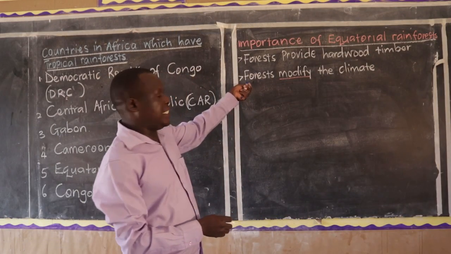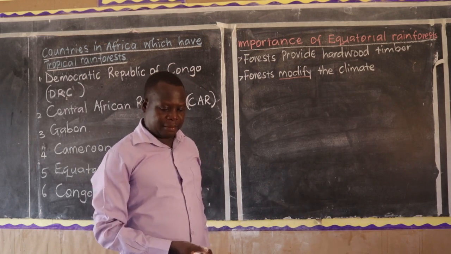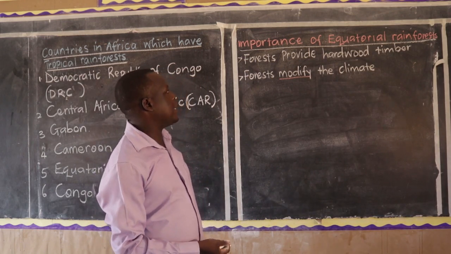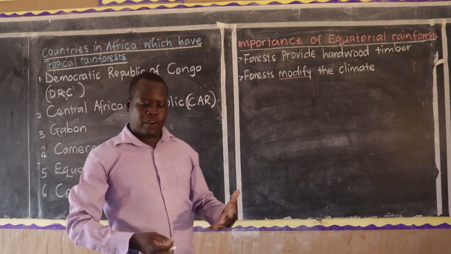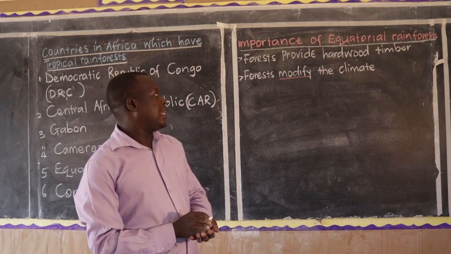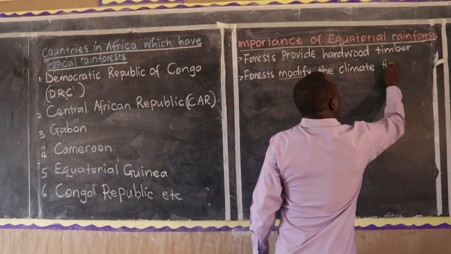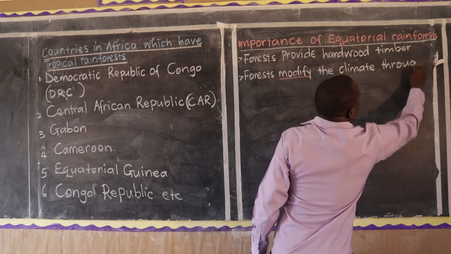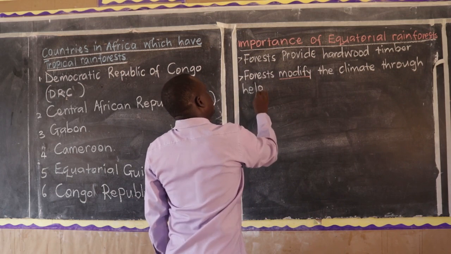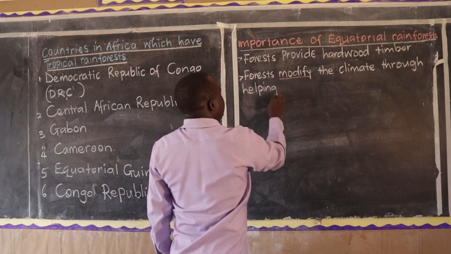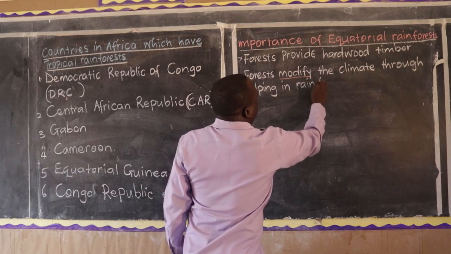How do forests modify the climate? That can be a question: how do forests help to modify the climate of an area? They modify the climate of an area through helping in rain formation.